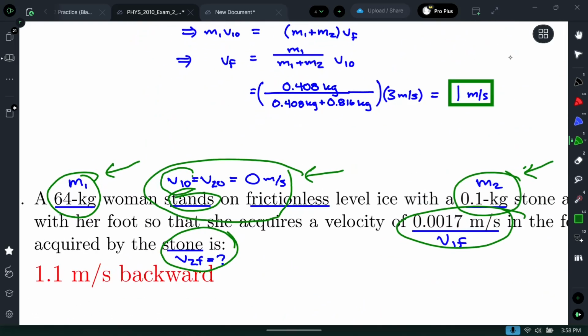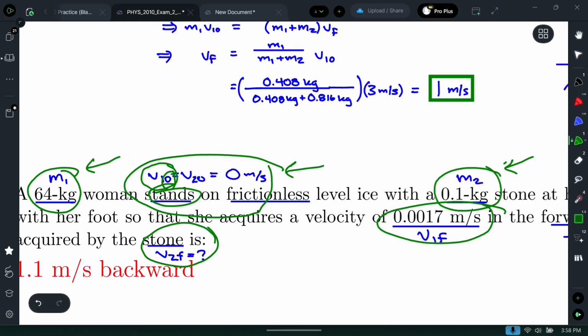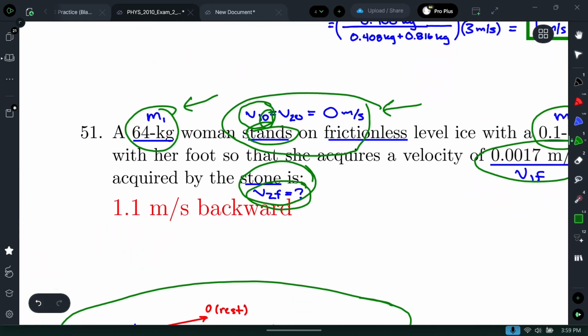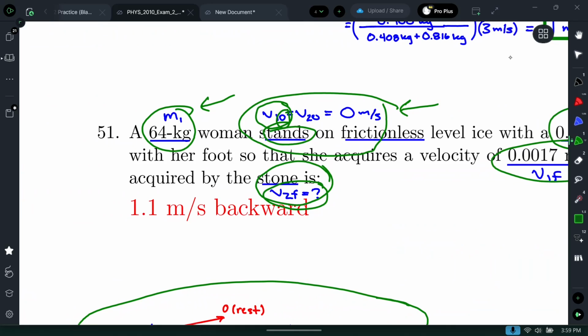This is me stating to myself, object 1, the woman, has an initial, so that's what the 0 means, an initial velocity of 0, nothing. And then I do the same for the stone. And then over here, I called it V2F because it's the stone that is being asked about. And I called that object 2 in the first place.